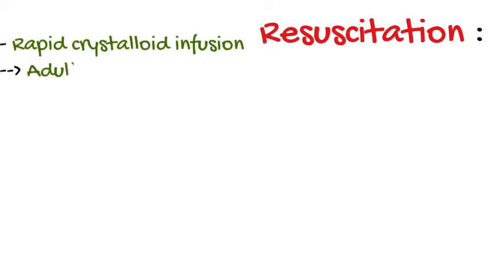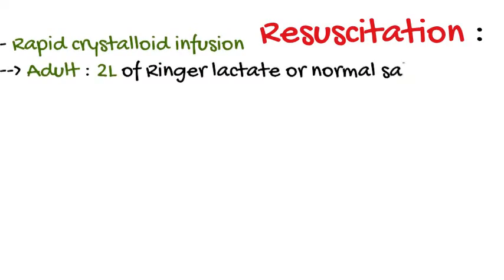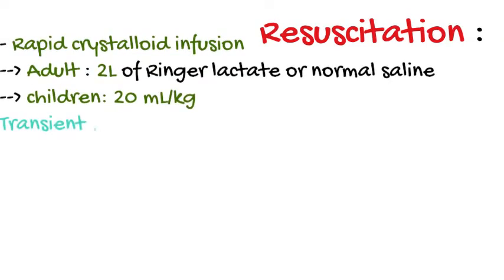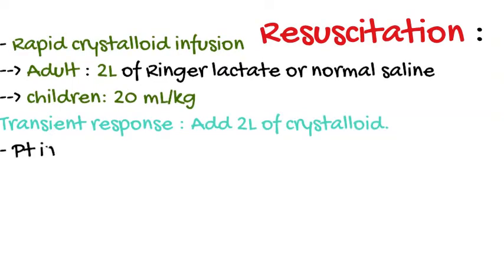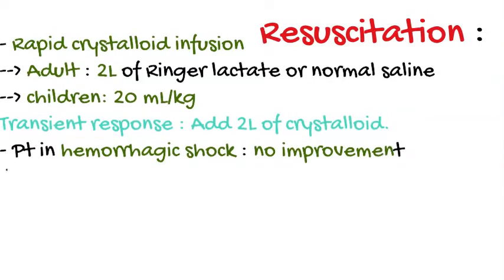So how do you do a proper resuscitation in a patient? You must remember that shock is a state of generalized cellular hypoperfusion that leads to inadequate cellular oxygenation to meet body metabolic needs. Adequate resuscitation will help in treating shock.